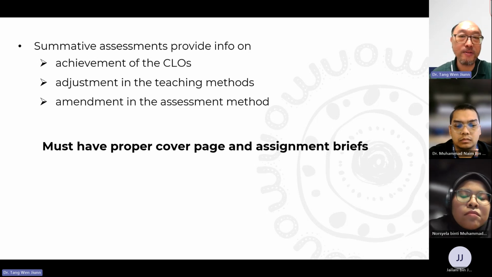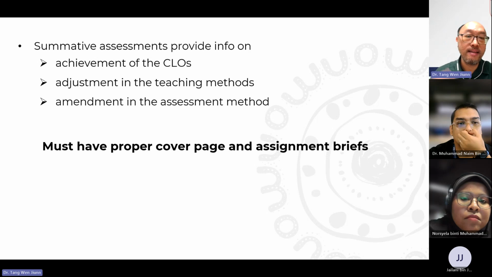These are some of the reflections we can do after the summative assessment: the achievement of the LO, then reflecting on our teaching methods and teaching materials.